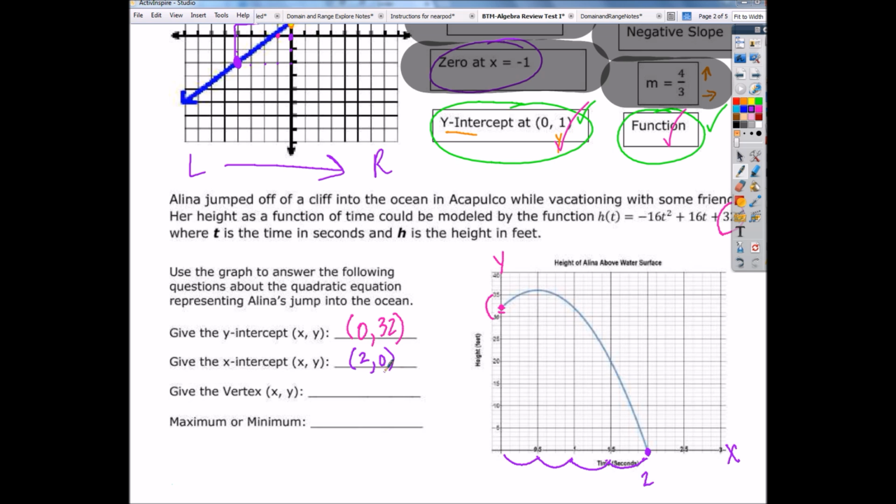Given the vertex. Now remember, the vertex is either going to be a max or a min. They're actually learning that in Algebra 2. We got to figure out which one. Since it's the top of the graph, which would be right here, that is a maximum. So what's that maximum point? Well, we need an ordered pair, and it even tells you put the x first.